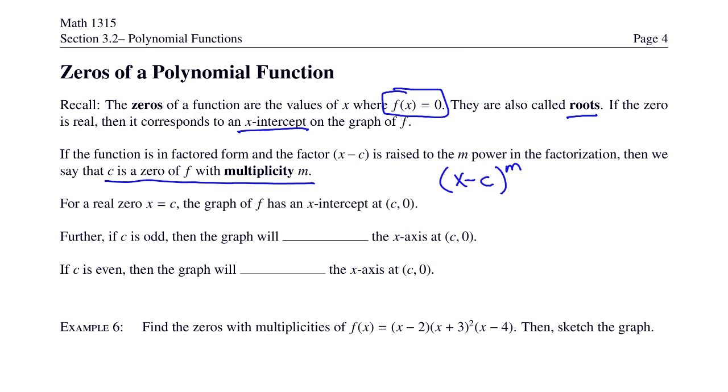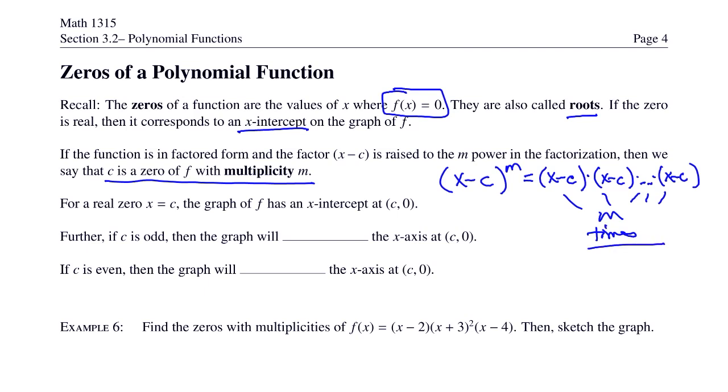So the multiplicity of a zero is the number of times the factor would have occurred had you written out the same factor over and over. X minus c to the m means that you would write x minus c times x minus c times x minus c, and so on, a total of m times.